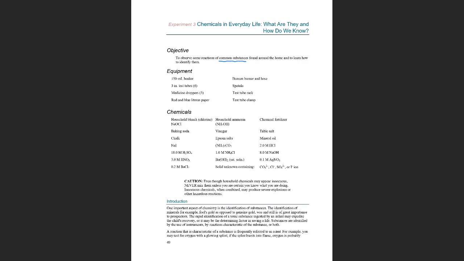These are the chemicals. In the introduction, we talked about qualitative analysis. What is qualitative analysis? It is the identification of unknown substances.